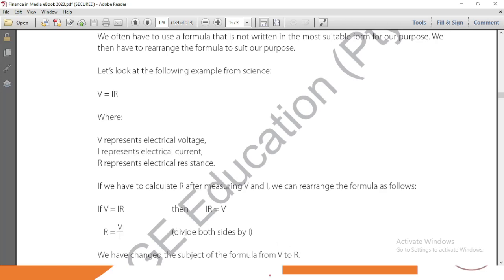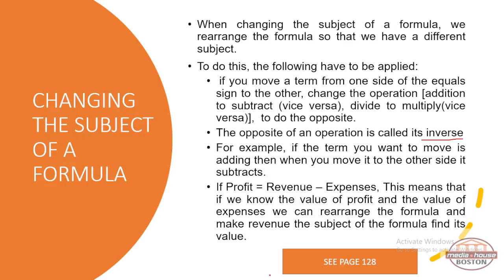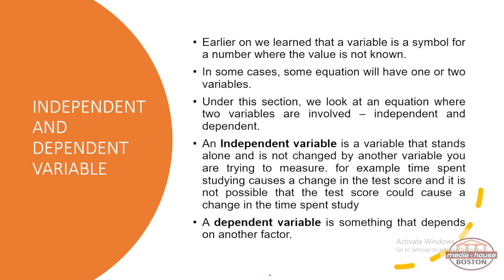So the next concept that we are going to cover is the independent and dependent variable. In the first equation, I only mentioned that there was one variable, but in some cases there might be two variables or more. Today we're going to focus on only two variables.